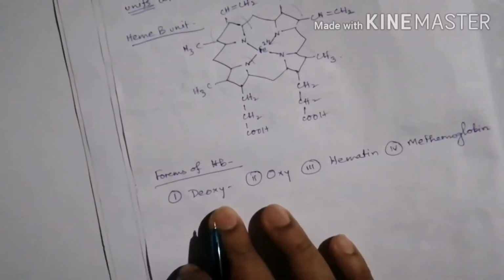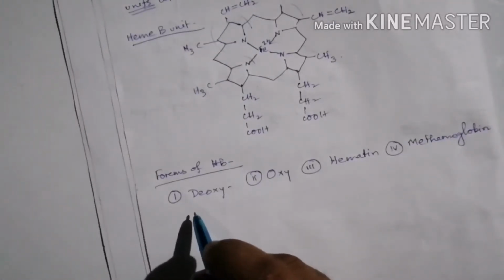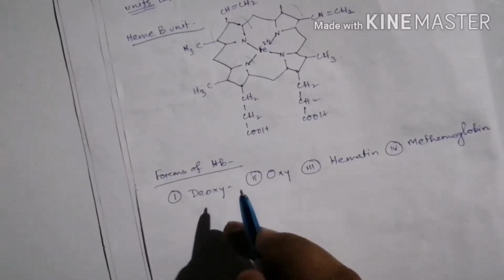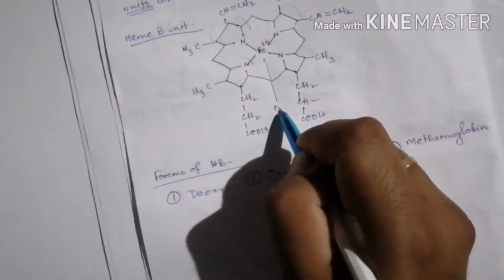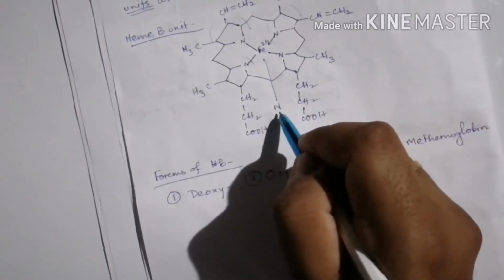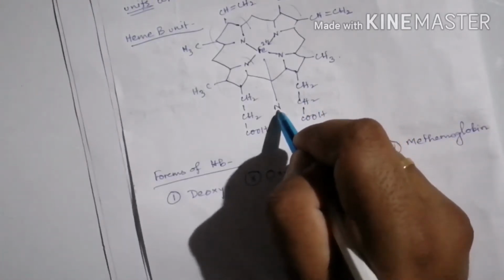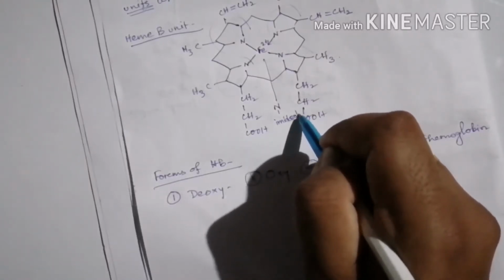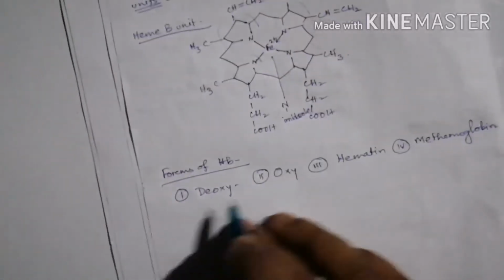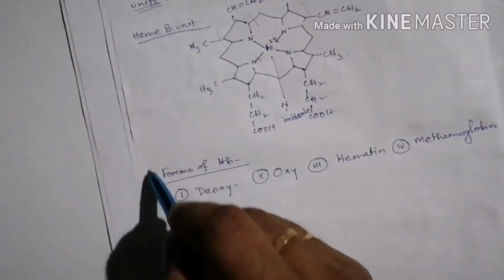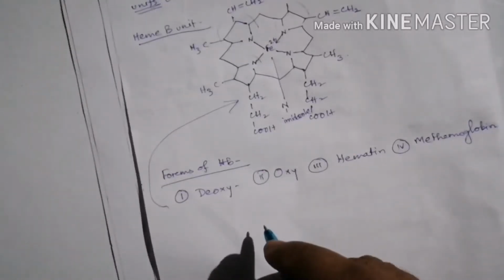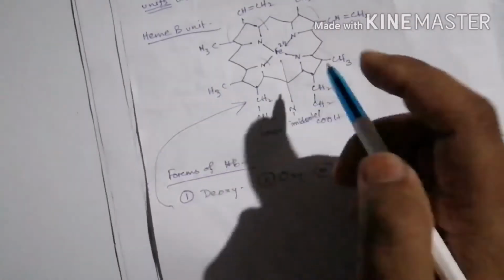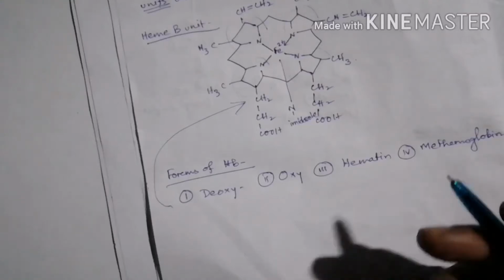So what is the deoxy form? In the deoxy form of heme B, the iron is attached to the nitrogen atom of imidazole. In the deoxy form, the iron center is not coordinated to any oxygen atoms.